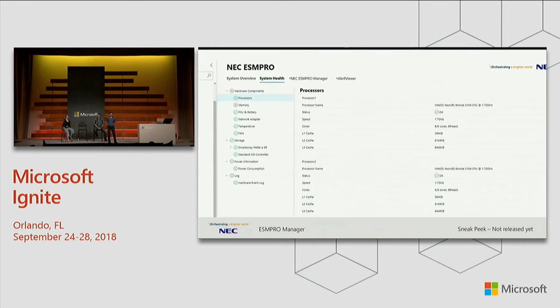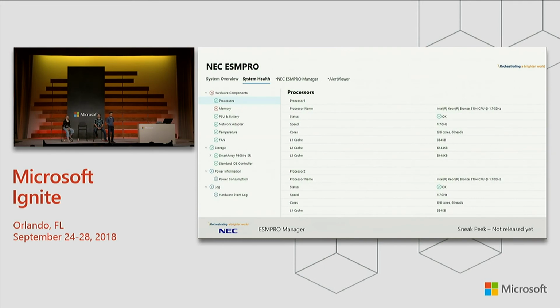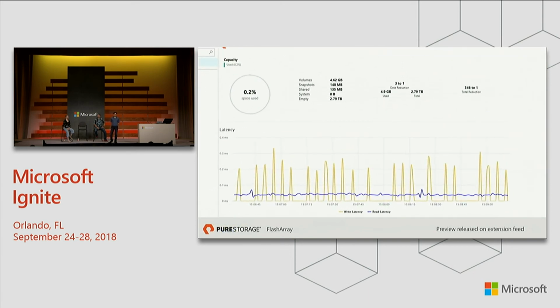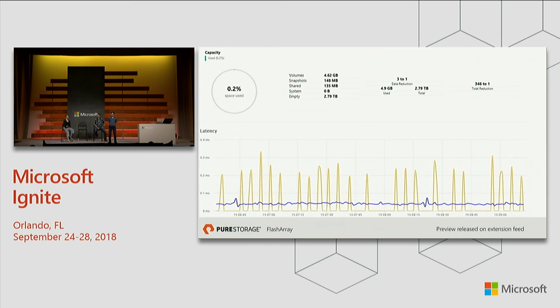With NEC and their ESM Pro Manager, you get server overview, and again, a variety of hardware health status. With Pure Storage, Flash Array, you get an overview of their SAN with performance data and volume management.